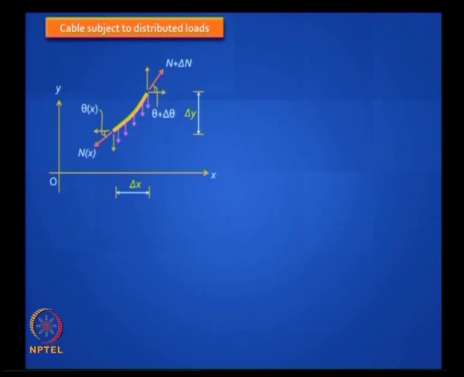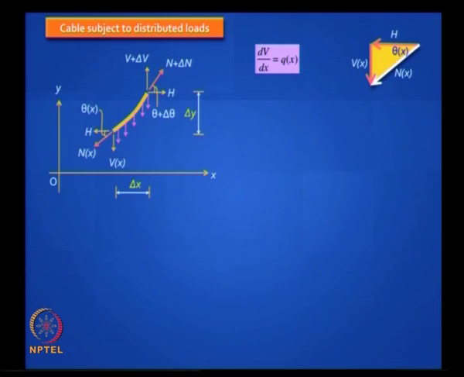If the cable is subjected to distributed loads, then it is not going to be made up of straight lines, it will be curved, and you can actually generate an equation which relates the geometry of the cable to the forces in the cable. If you take vertical equilibrium of a segment of the cable, you get this beautiful differential equation, which is similar to the equation that we derived for a beam, is it not? So Q here is the load intensity, and it is related to the shape of the cable.